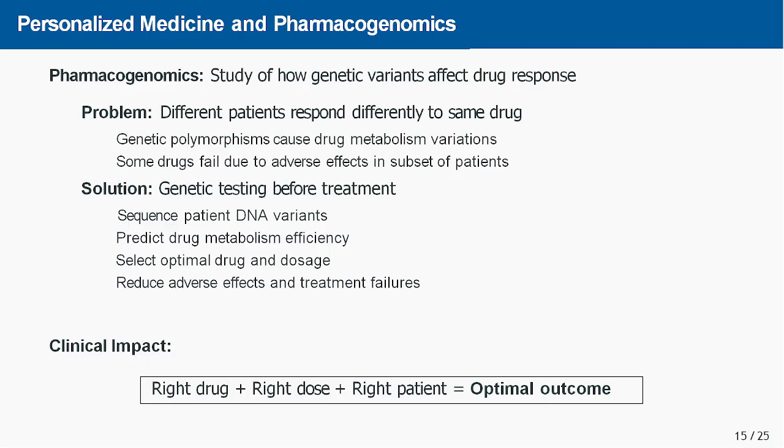So then the optimal drug and dose can be given. It will reduce adverse effects like side effects and treatment failures, because we are not going for a trial and error method. We first simulate, we first check it, we first test genetically using computational tools, and then decide which drug to give, what the dose should be, and what the composition should be.